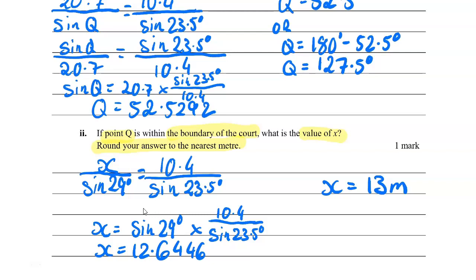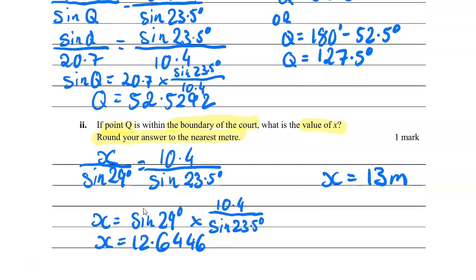So 18% of the state got 1 mark there. So the key here really was that first calculation we made in making sure that that angle was correct.